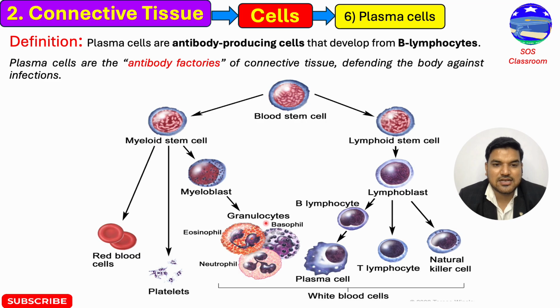That's why they come under the granulocytes. Next is the lymphoid stem cells, lymphoblast, and lymphoblast divides into B lymphocyte, T lymphocyte, and natural killer cells. B lymphocytes become the plasma cells. So the plasma cells are helpful for the formation of the antibodies. That's why they are called the antibody factories.